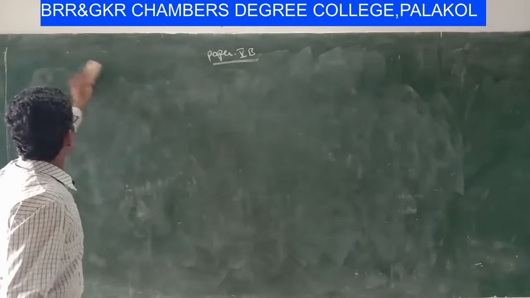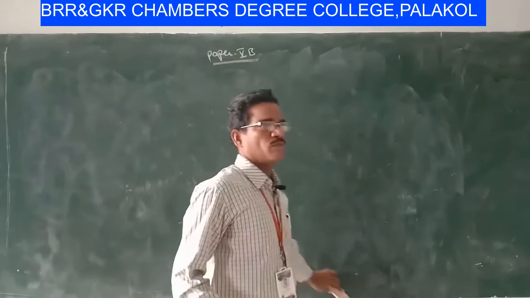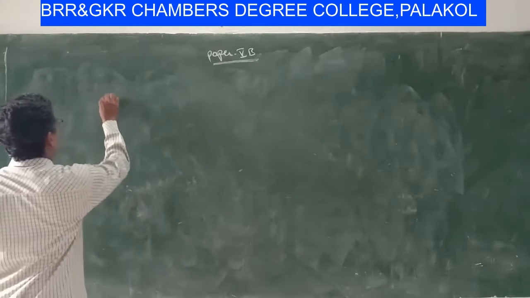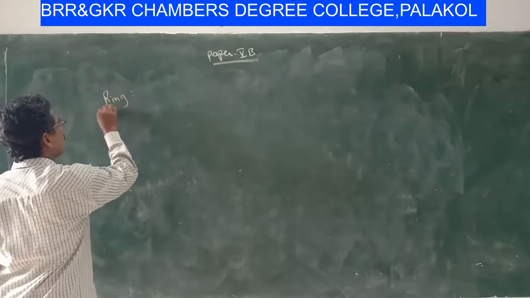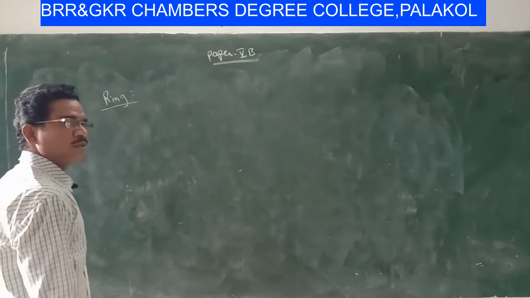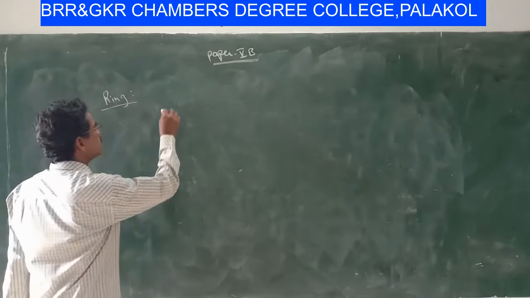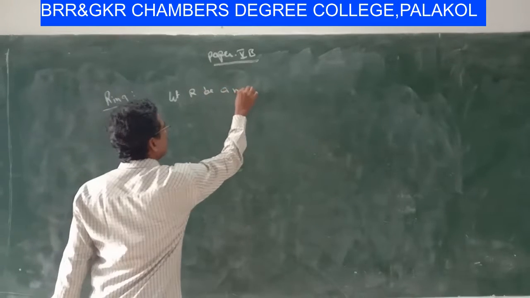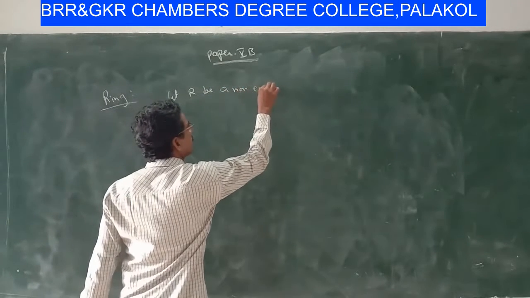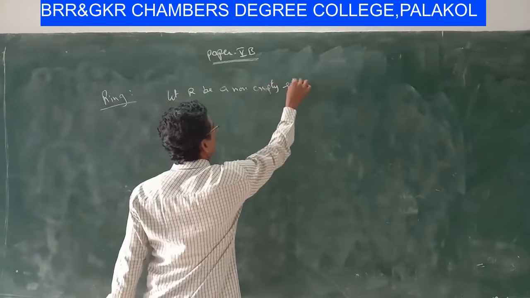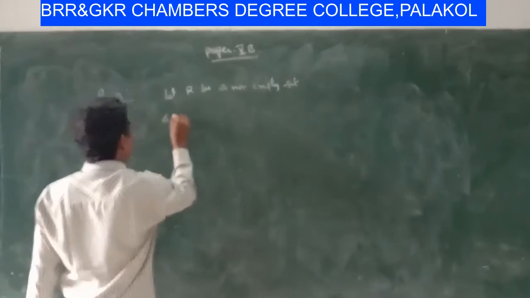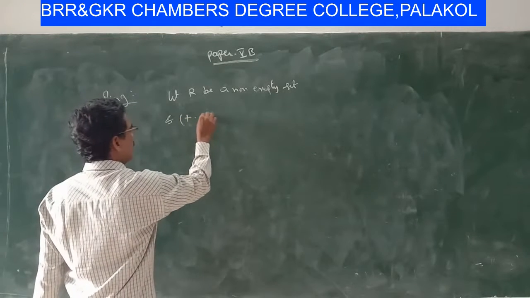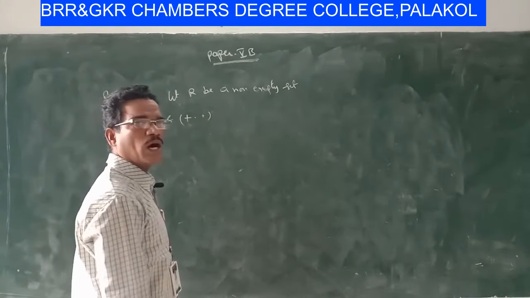Now the definition of the ring. Suppose let R be a non-empty set and plus comma dot are two binary operations.